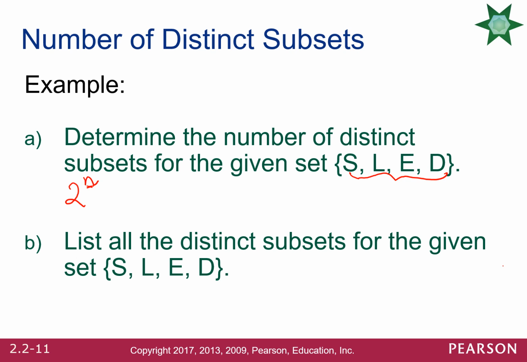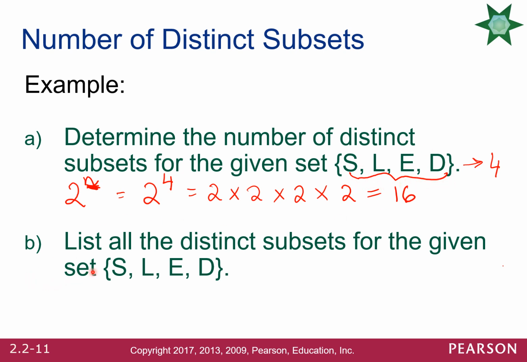So n here is 4, correct? N is 4. So this is going to be 2 to the power 4, which means 2 times 2 times 2 times 2, which is 16. So there are 16 possible subsets that can be created out of this set of SLED.